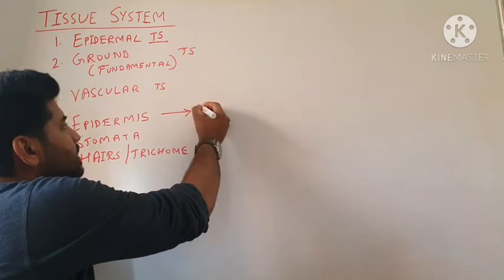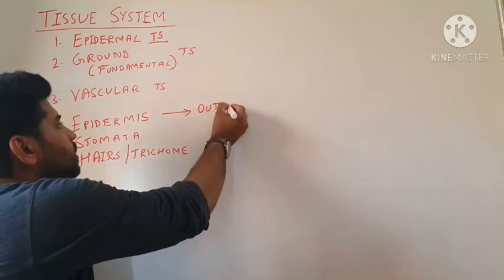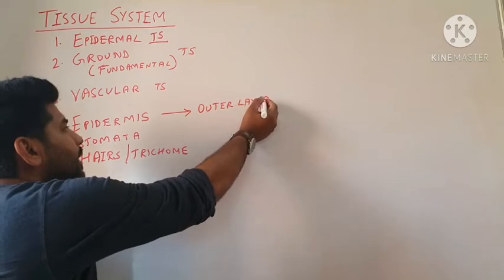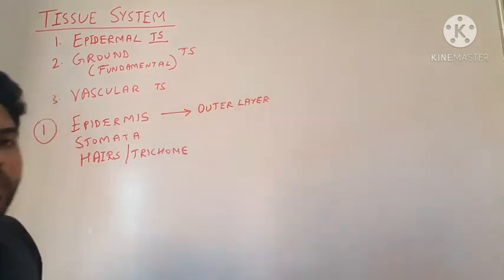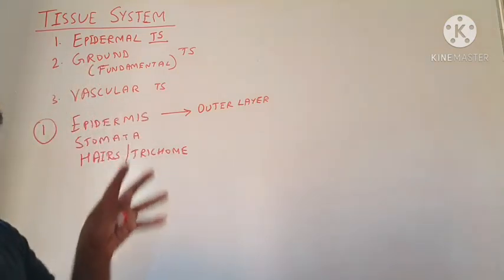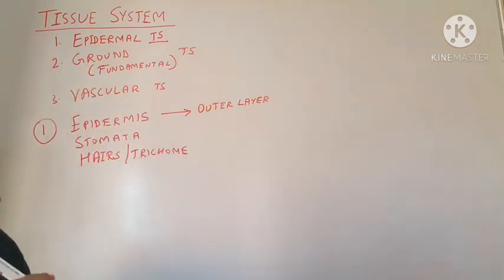Epidermis is the outermost layer in a plant, in a root or in a stem or in a leaf. The outermost layer is the epidermal layer.